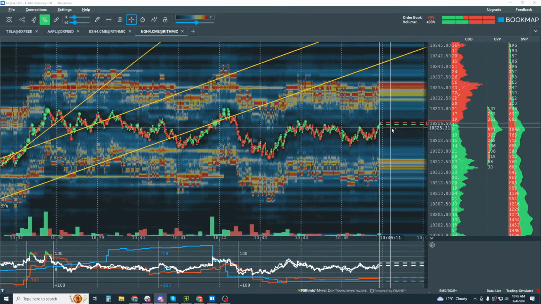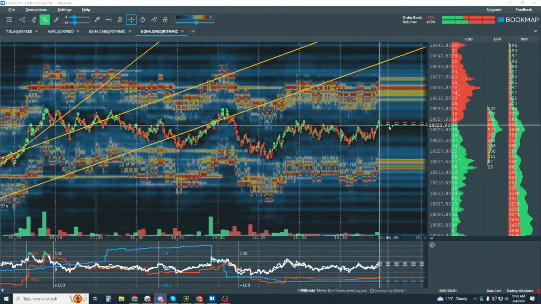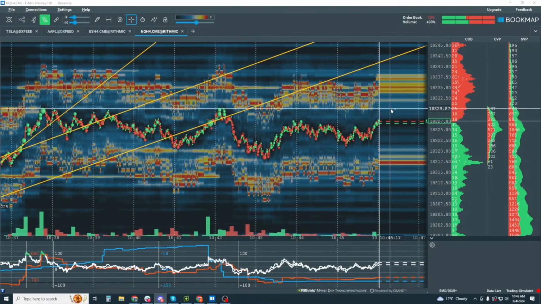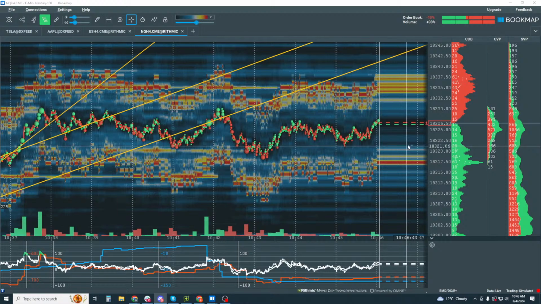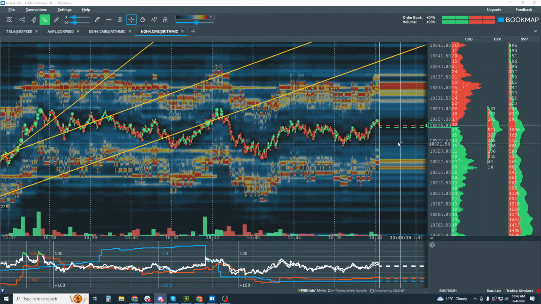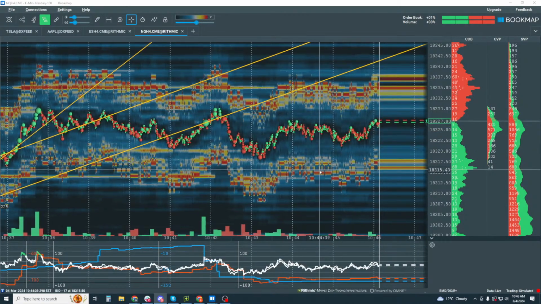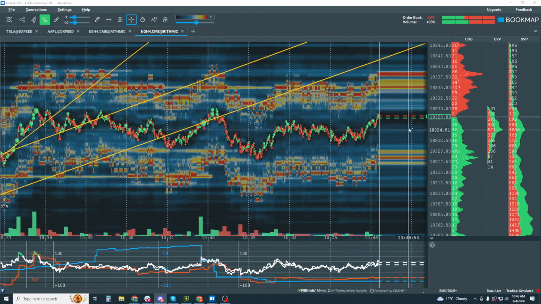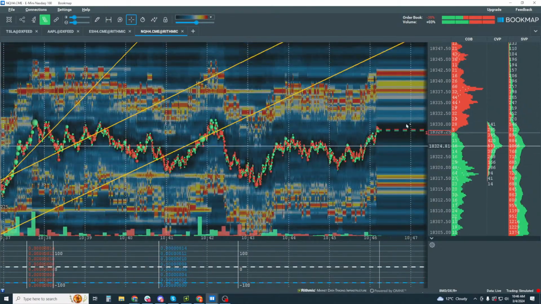Okay, retest, some buyers. There we go. All right, buyers, let's see now. Let's see you move it back up to 30. Okay, what about the bid? Not really. Not a whole lot here on the bid. Okay, so it's less likely, but there's a little bit on the bid, right in here.